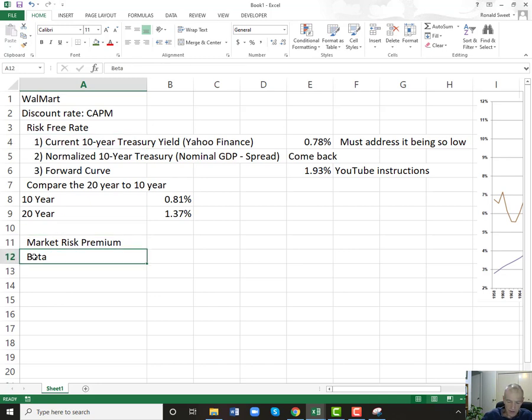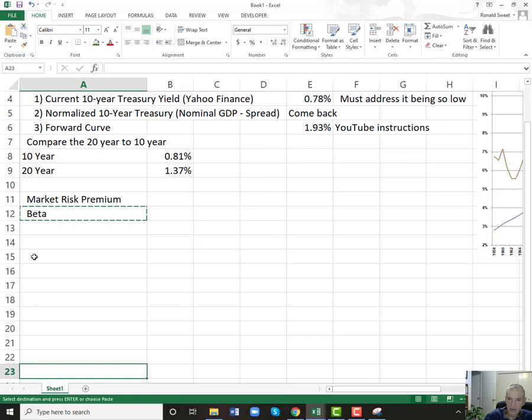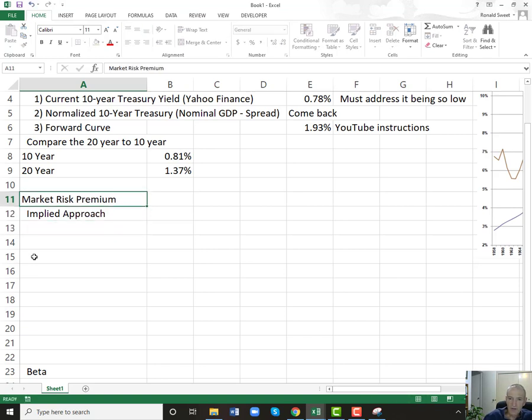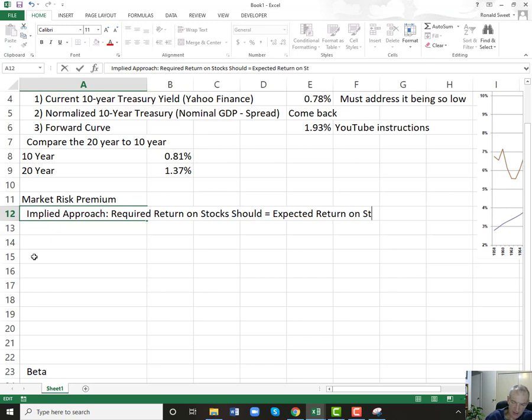The next one we'll do is the market risk premium, and we are going to use the implied approach. For the implied approach, what we're going to say is the required return on stocks should equal the expected return on stocks.